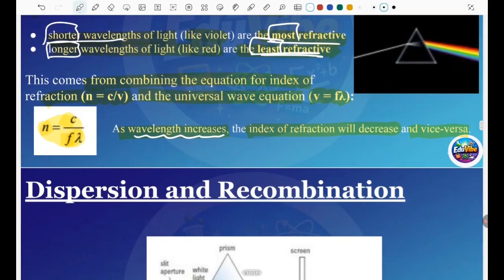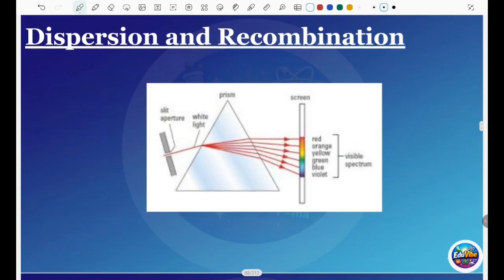Next, we have a small diagram of dispersion and recombination. White light passes through a prism and moves into the seven colors of the rainbow. This is the visible spectrum, and this is a screen.